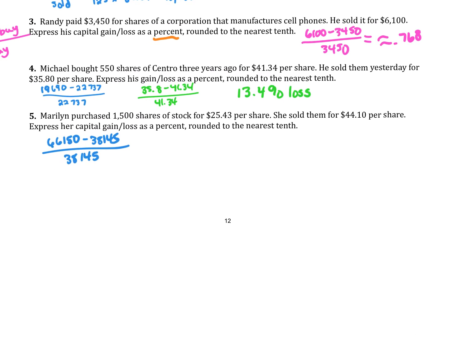Or you can do your 4410 minus your 2543 all over 2543. And this is a 73.4% gain. That sounds pretty nice, doesn't it?